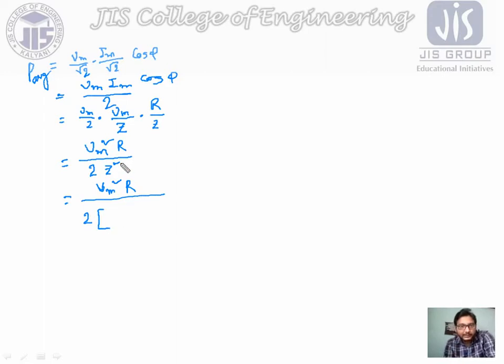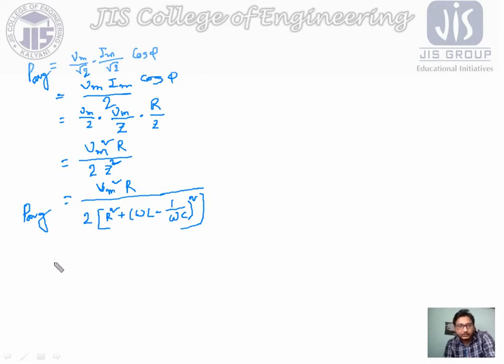As there is Z square, the root will be cancelled, so it will be R square plus omega L minus 1 divided by omega C, whole square, within brackets. So this is our average power, P average, and we can find the power which depends upon the frequency.